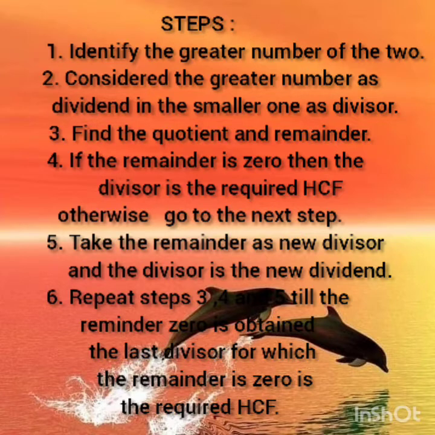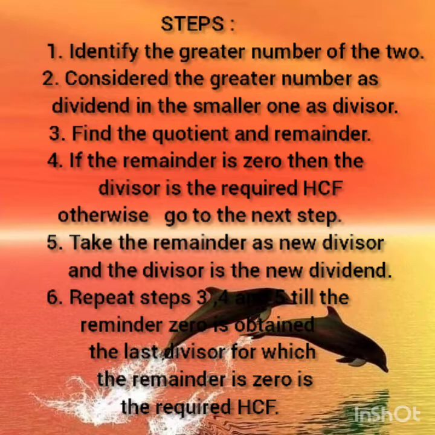Next step, take the remainder as the new divisor and the divisor as the new dividend. So, repeat steps 3, 4 and 5 till the remainder 0 is obtained.